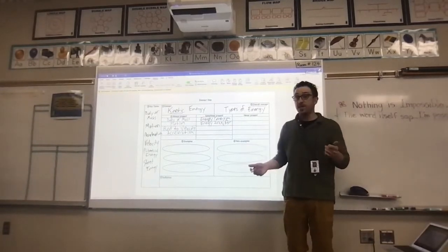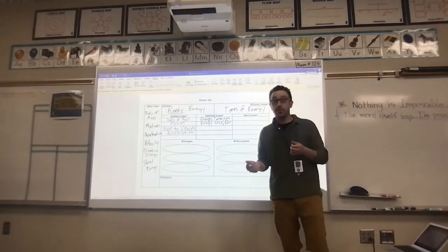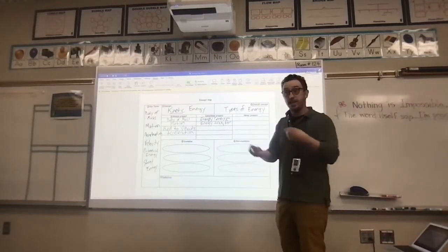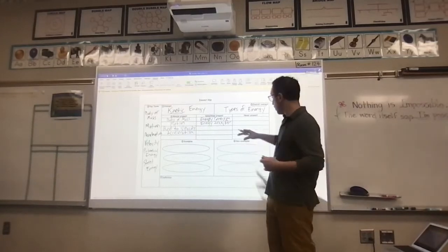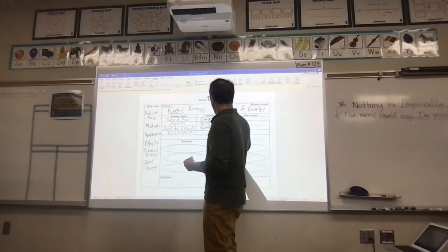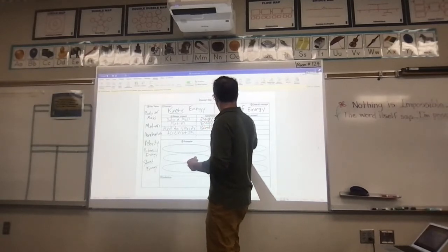The last thing that possibly could be part of it too is there could be potential energy within that kinetic energy. We'll get into examples that you can see, but there can be potential energy as well within that kinetic energy.